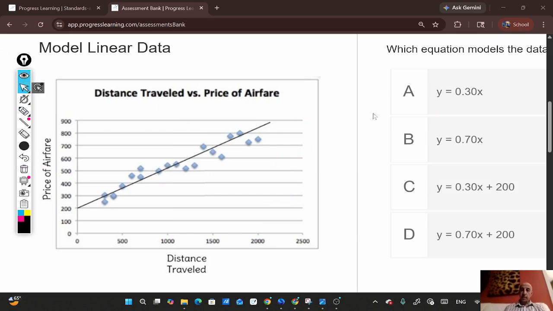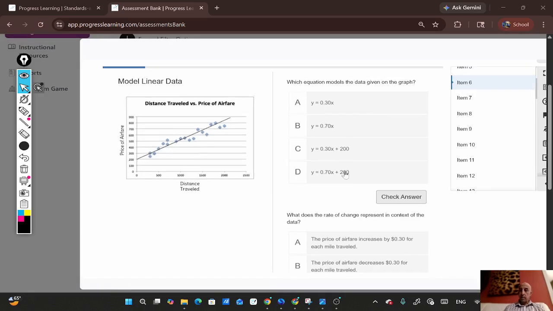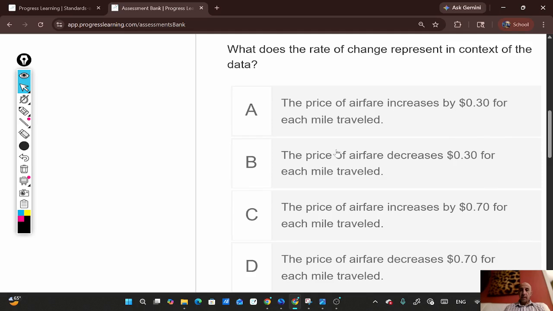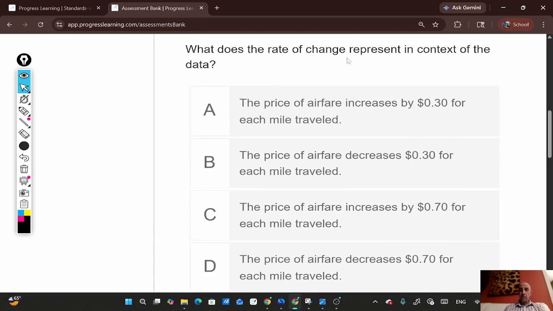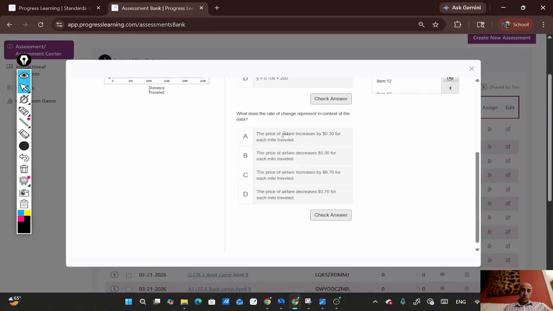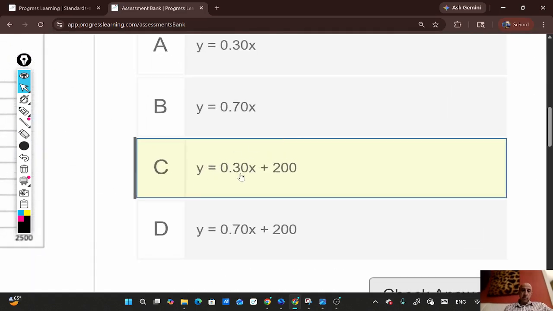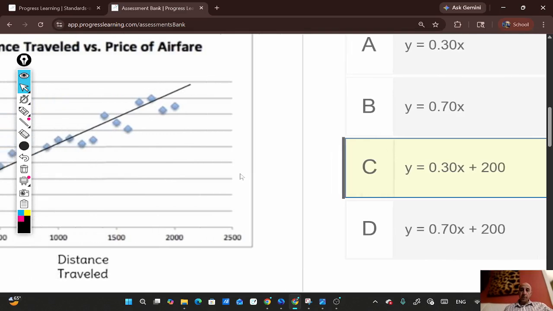Let's go to interpreting the rate of change. So we will choose C first. Now we can see what the rate of change represents in the context of the data. First, look at the first option. The price of airfare increases by 0.3 for each mile traveled. So here is the equation. What is the meaning of 0.3x?